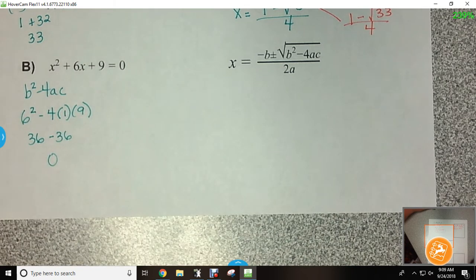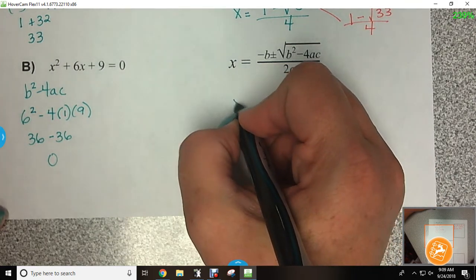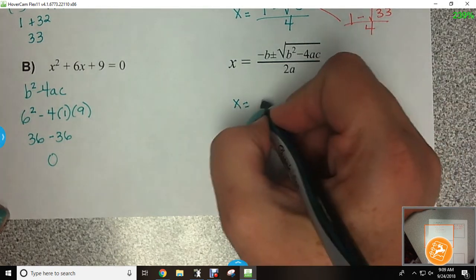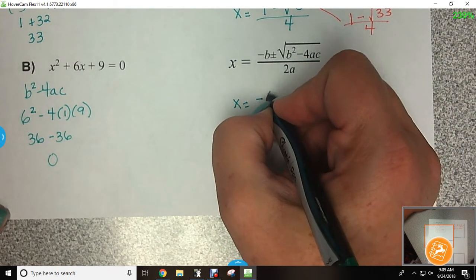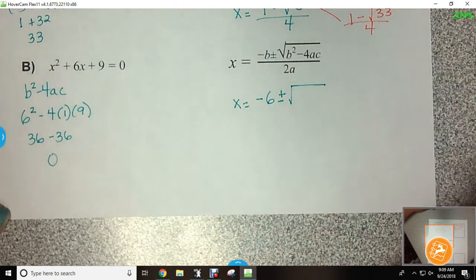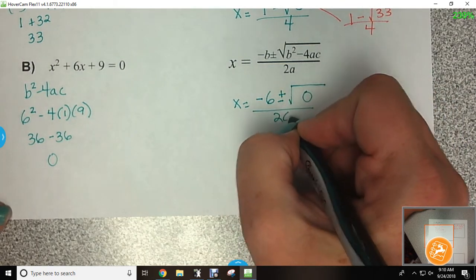And remember, when your discriminant is equal to 0, you end up with one real root. Well, so let's see what that looks like. Over here in my quadratic formula, b is 6, so that's negative 6 plus or minus. Well, my discriminant, I already found it over here, so that is 0 over 2 times 1.